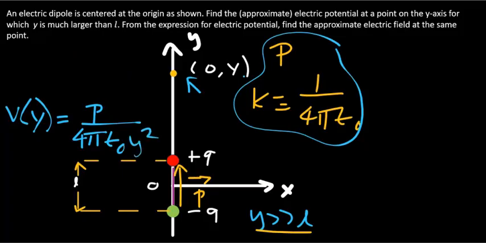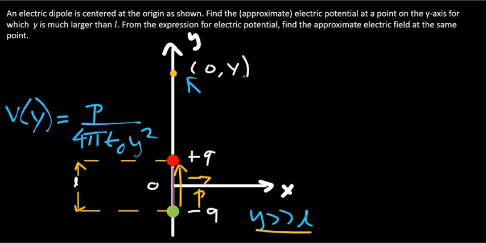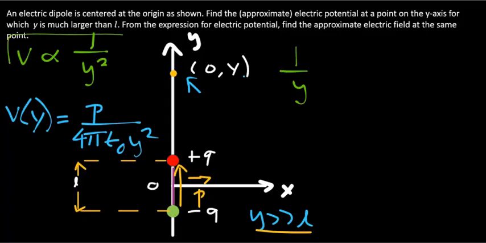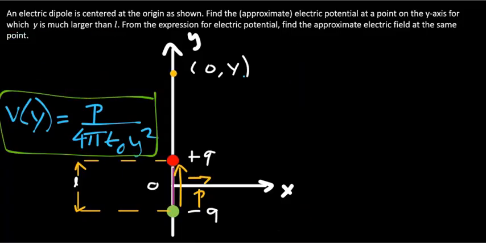You note the expression for the potential of an electric dipole is proportional to 1 over y squared instead of regular 1 over y for a point charge. So that is a main difference there. Now let's calculate the electric field. Electric field is a vector, and it is related to this electric potential in a following simple way.